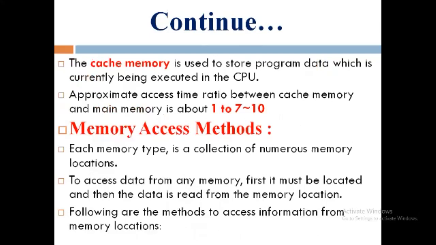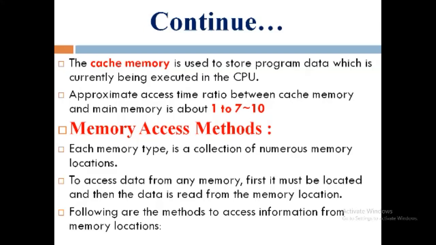Then the cache memory is used to store program data which is currently being executed in the CPU. The approximate access time ratio between cache memory and main memory is about 1 to 7 to 10 times. Then the next topic is memory access methods.